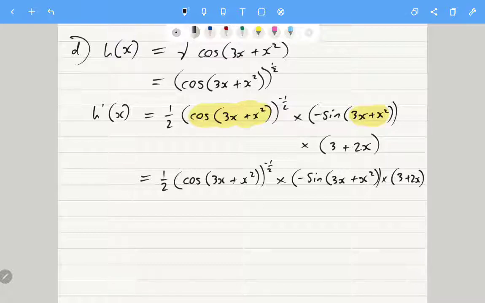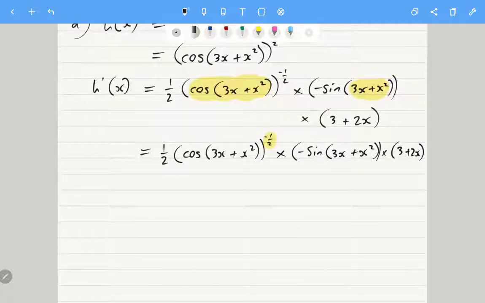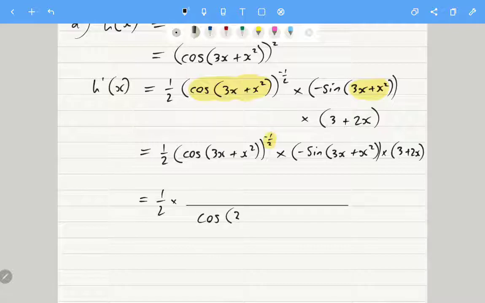First thing I'm going to look at is get rid of this negative power. Negative power means it's going to move to the bottom. So I'm going to be left with a half times a fraction. On the bottom is going to be cos of 3x plus x squared to the power of a half. And the top's going to be everything else.